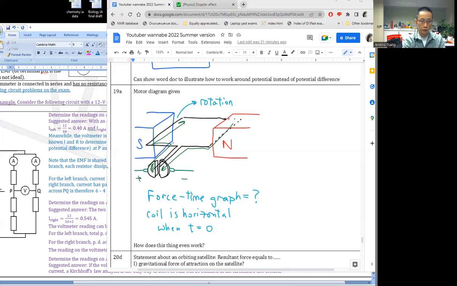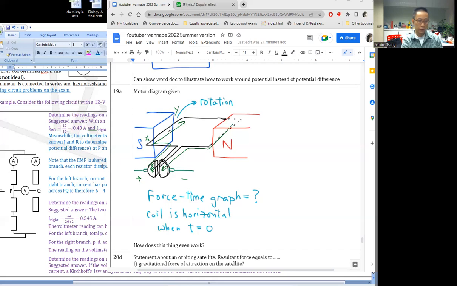So let's say the terminal is labeled positive and negative as such. So at the beginning, let's say the rotation is clockwise as shown in the actual diagram. Applying the left-hand rule on section XY can help you reveal that the force is either going to be straight up or straight down. It doesn't actually matter.